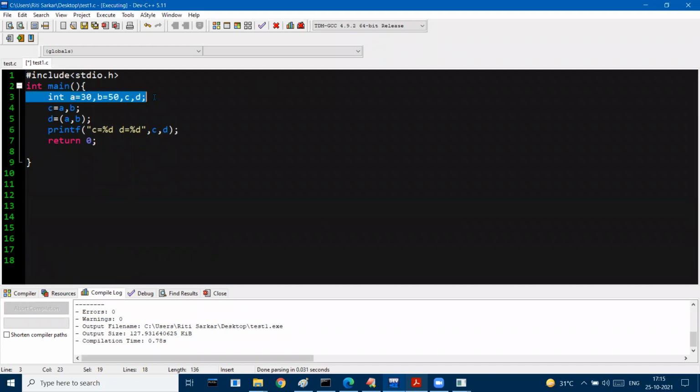First line, no problem from an understanding point of view. Just variables declared, some of the variables are declared and some are initialized too. An assignment operator is used. Now here one operator is used. What is this operator? This is called the comma operator.